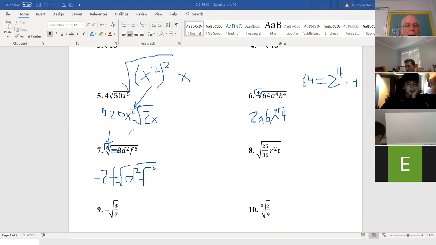But I can't take d squared out from underneath the radical with it being a cube root. Just like f to the 5th is f cubed times f squared. So the f squared stays under the radical, and the f cubed comes out from under the radical as f. Does that make sense?